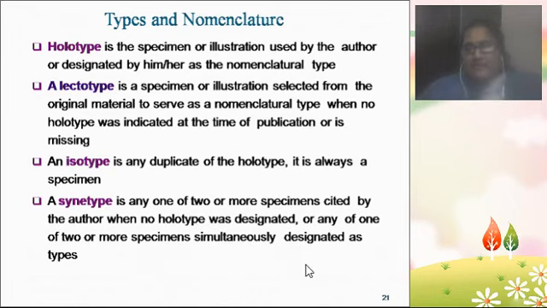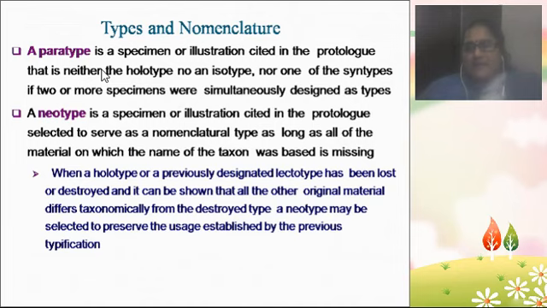That is known as the syntype. Sometimes the syntype is also collected by the same author. The next one is paratype. Paratype is also other collected material, but it is not a holotype, not an isotype, and not a syntype.